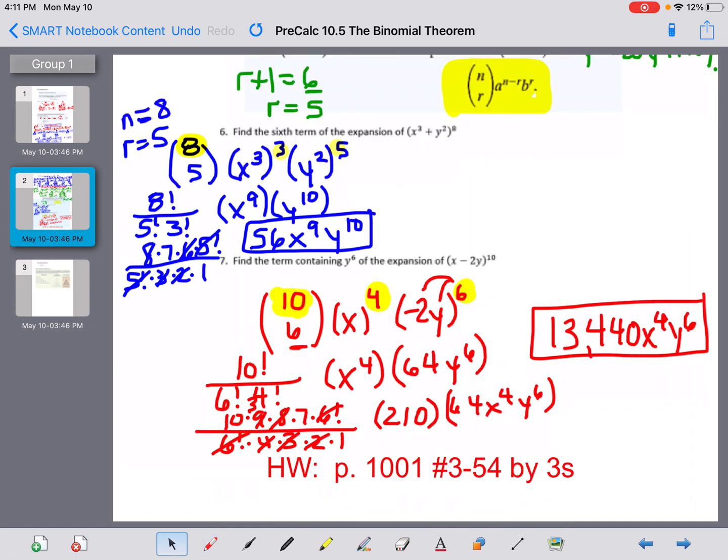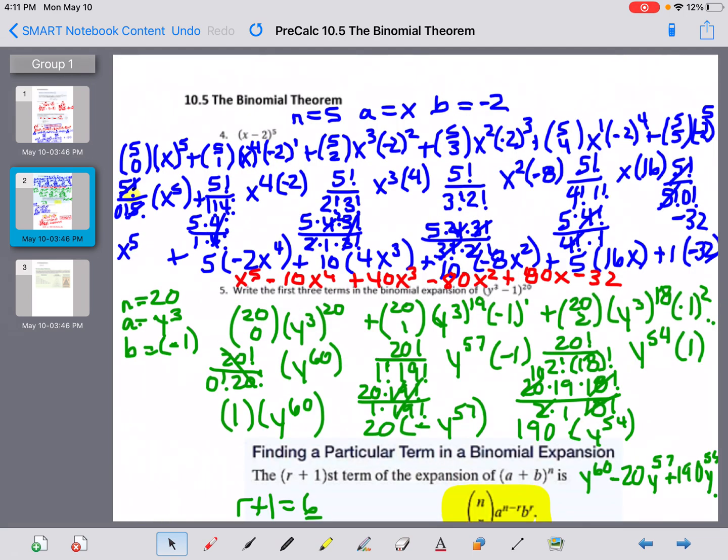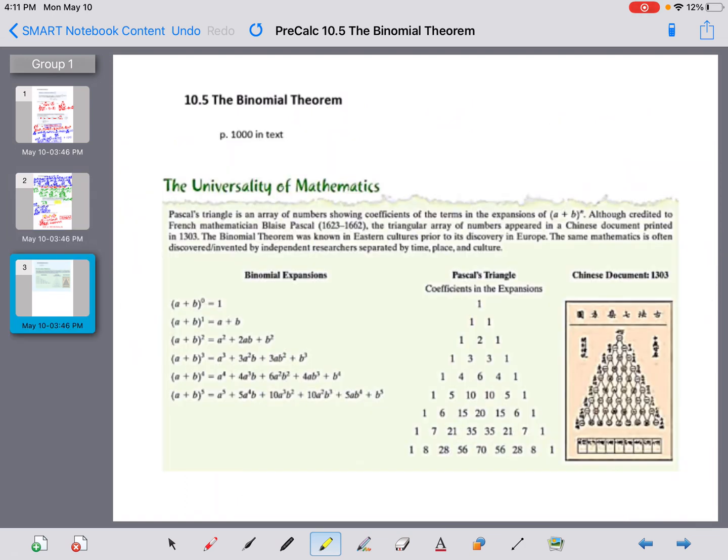So just a quick note, maybe we saw this most on, let me go back up to this top example. I want you to look at these numbers here. I had a 1 in front of here, 5, 10, 10, 5, 1, okay? I'm going to just show you quick here. This comes from your textbook, okay? This is called Pascal's triangle.